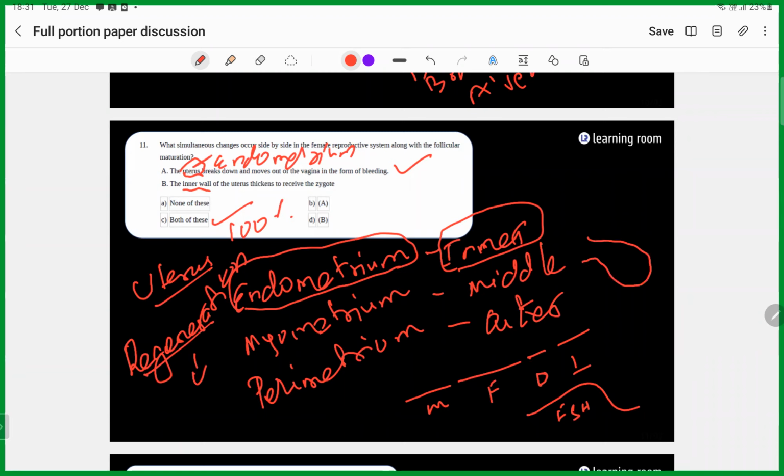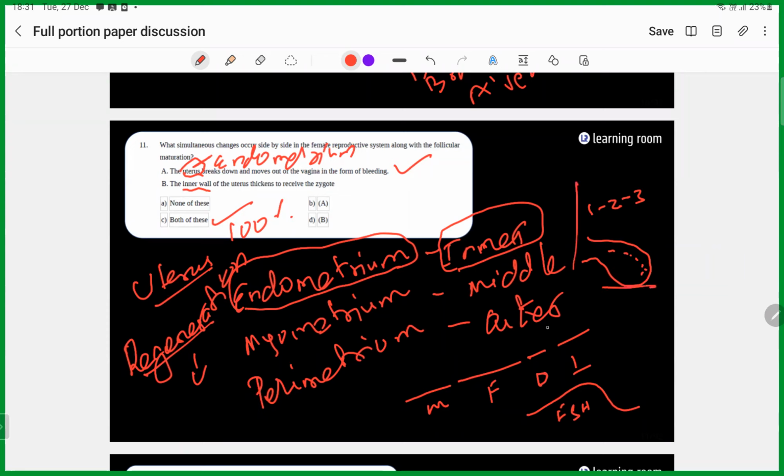Okay, the follicles keep on maturing. Primary follicle to secondary follicle to tertiary follicle. Follicular maturation occurs simultaneously in the ovary; it has already started and is going on. Don't confuse yourself with this.